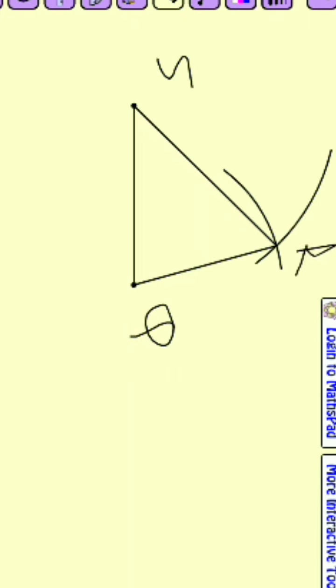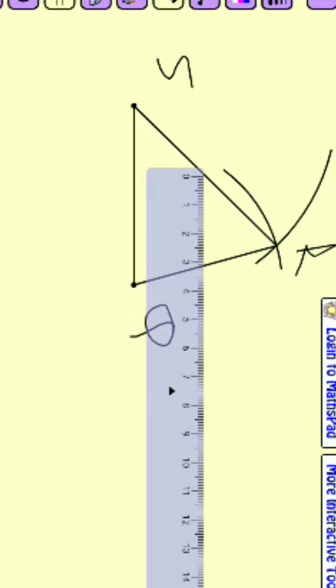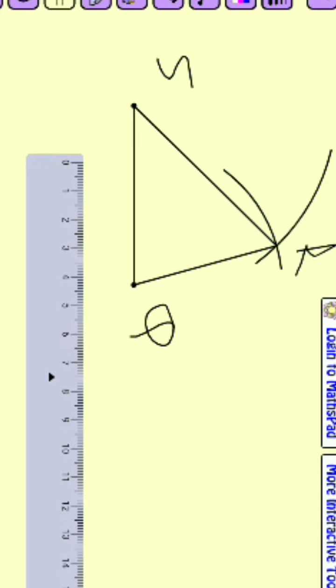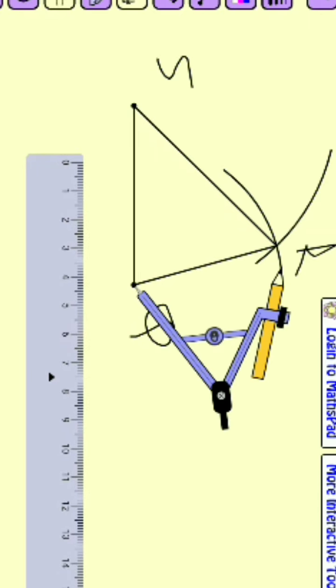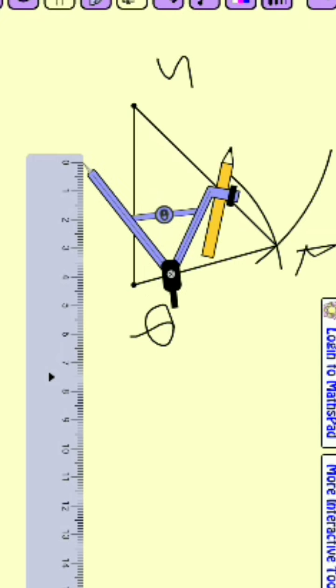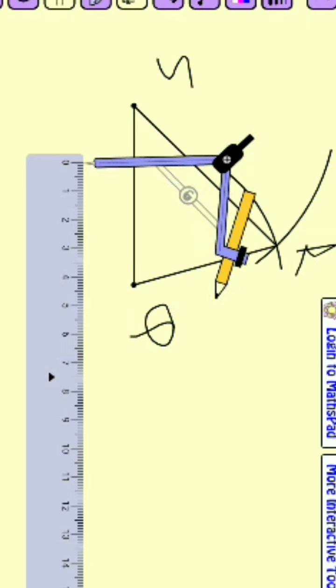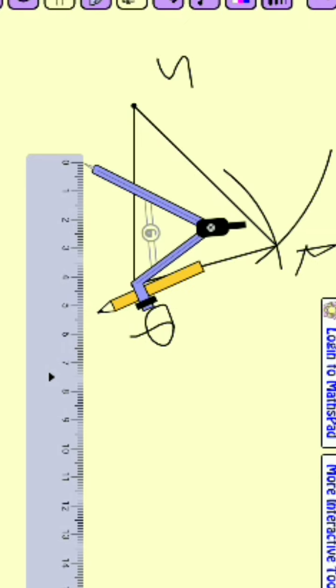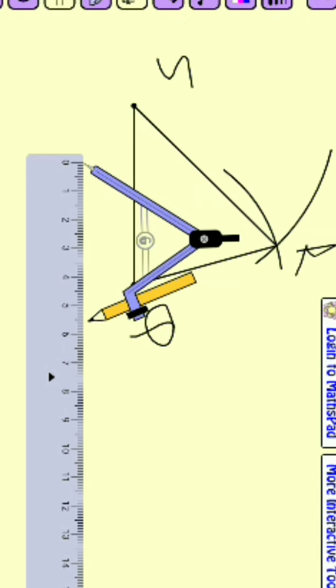Now let's draw SP and PQ. Take a compass. The length of the PQ is 5.6 centimeter. So we'll take 5.6.